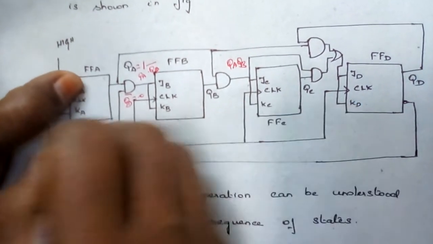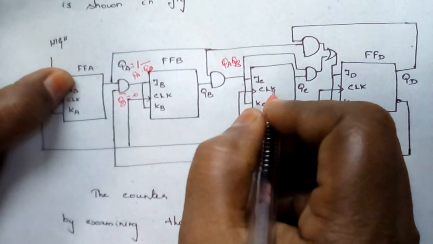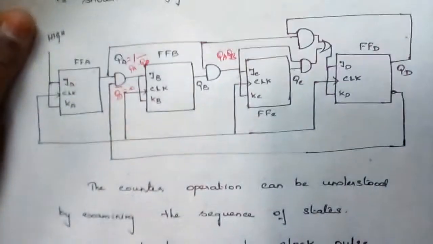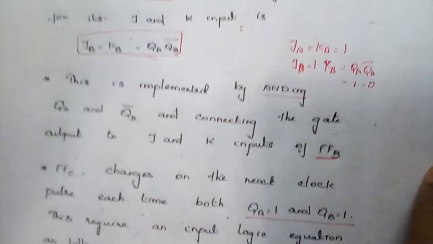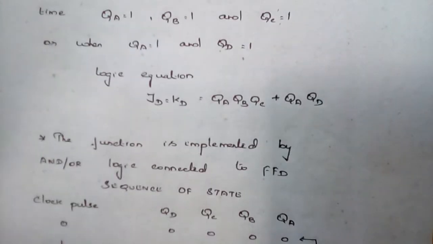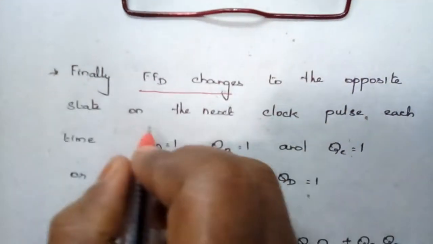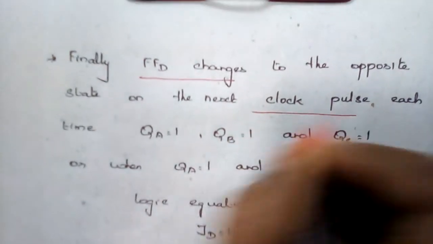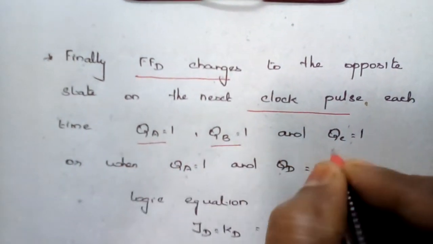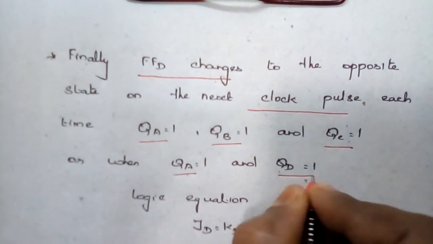Flip-flop A is at high and flip-flop B is at low, and once again flip-flop C is at high, right? And the next case: for each and every clock pulse, the flip-flop changes its own state, and finally, for the next clock pulse, flip-flop D changes to the opposite state when QA, QB and QC is equal to 1, or QA and QD is equal to 1.